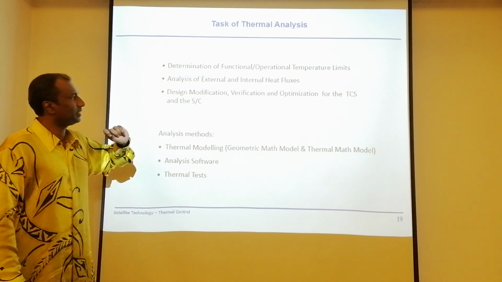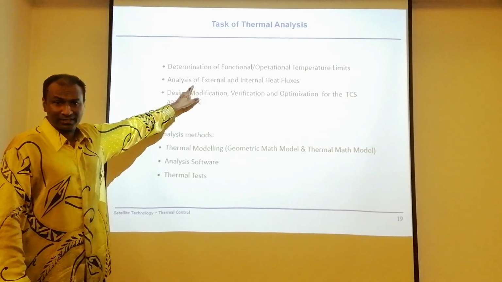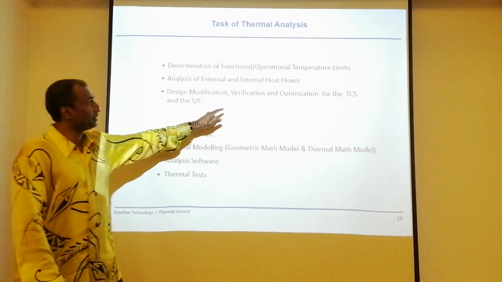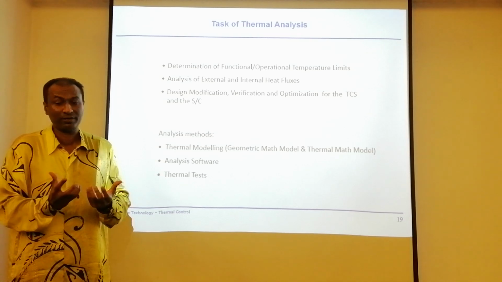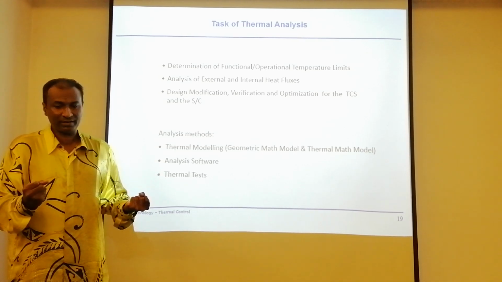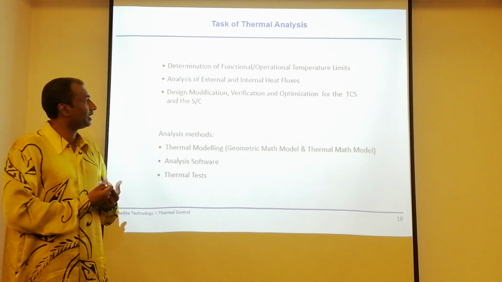So, analysis of external and internal heat flux. Analysis of external, we have already done now. Internal, let's see, maybe the battery, how much heat the battery is going to generate and all that. That is the heat that we have internally. Both we should be able to calculate.